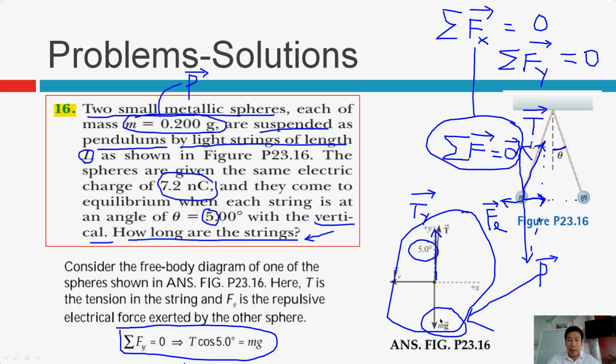So it means that Ty must equal mg, or Ty minus P equals 0. That's why you have this one. Okay, and this is for the first condition. You can apply the second condition.